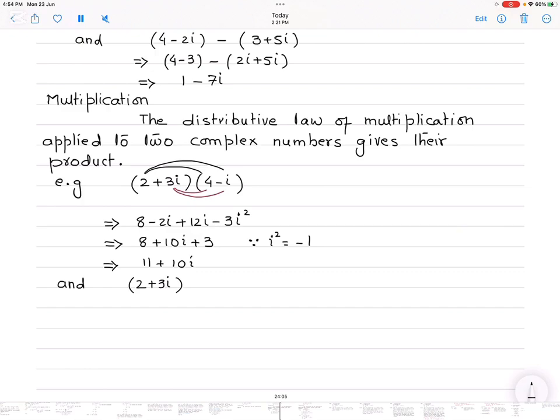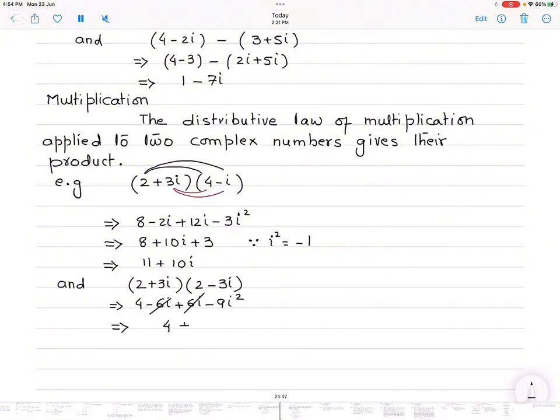Another example is 2 plus 3i times 2 minus 3i. We are using negative 1 in place of i squared.